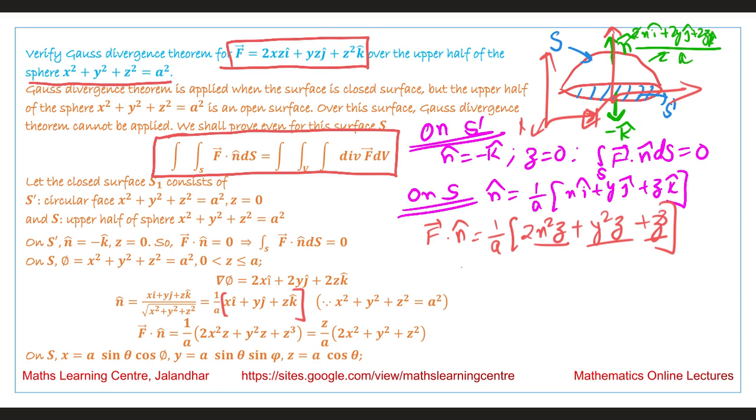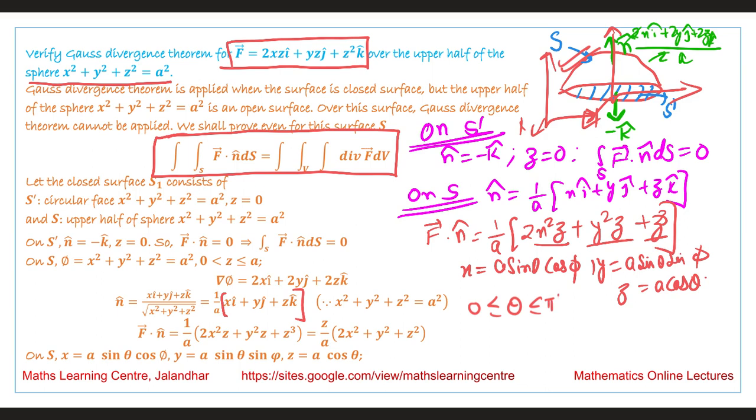So we make the substitution x is equal to a sine theta cos phi, y is equal to a sine theta sine phi, and z is equal to a cos theta. As we are talking about the upper half of this sphere, theta will vary from 0 to pi by 2, and phi will vary from 0 to 2 pi.